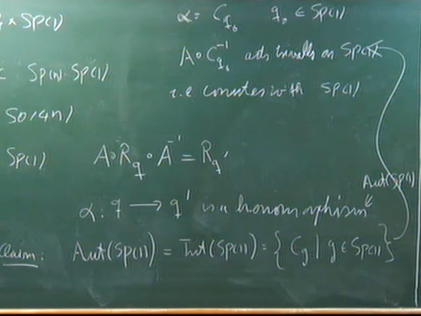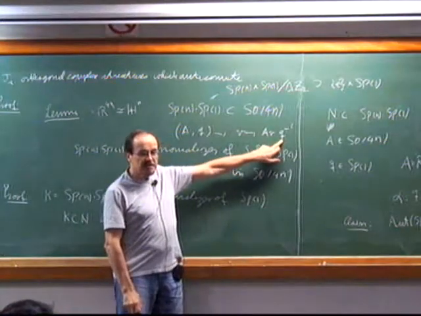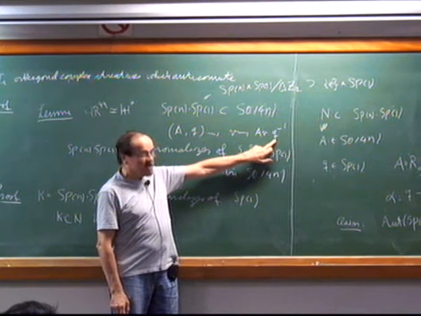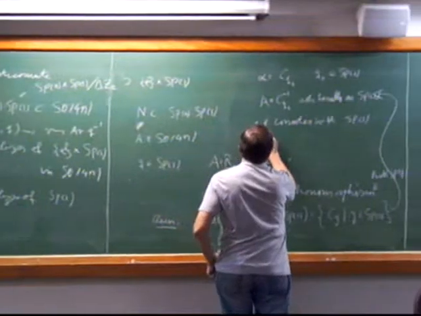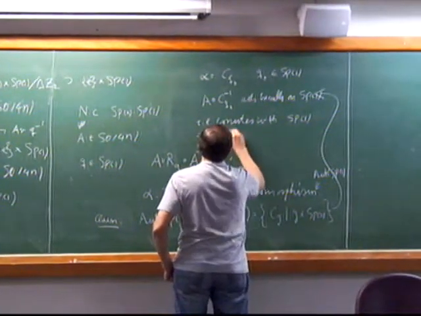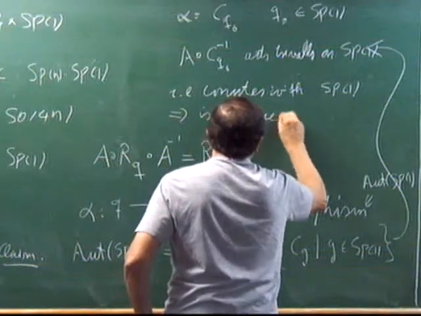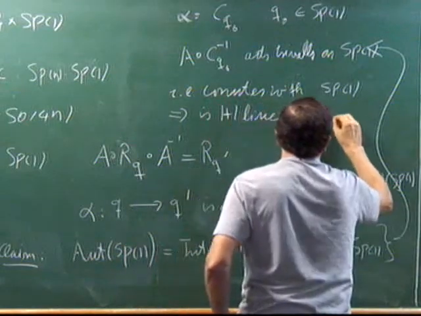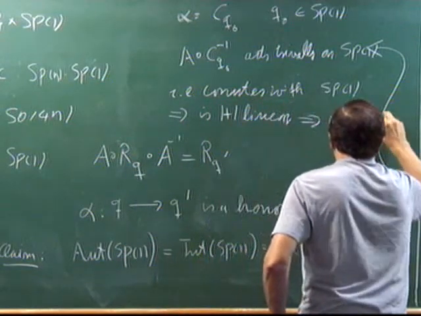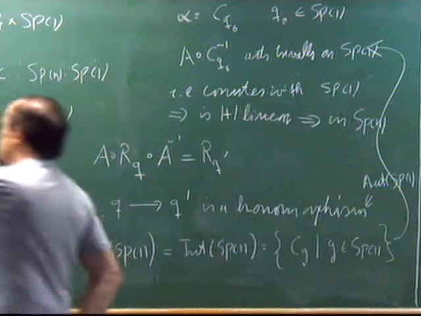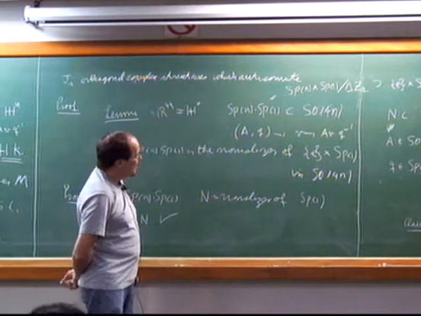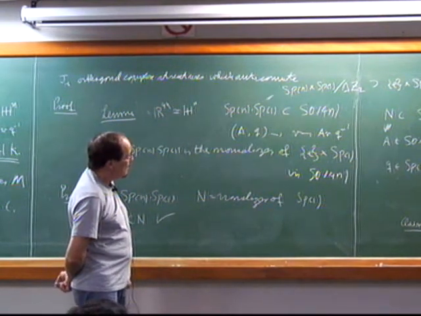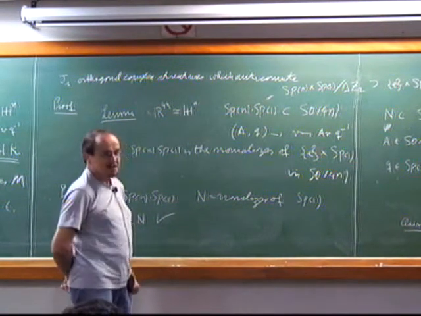What does it mean to commute with Sp(1)? How does Sp(1) act? It acts by right multiplication. That means that this map must be quaternion linear. So hence it's H-linear, which implies it's an element in Sp(n). These are precisely the H-linear maps. Left multiplication by elements of Sp(n) are precisely the maps which are linear with respect to right multiplication by quaternions.